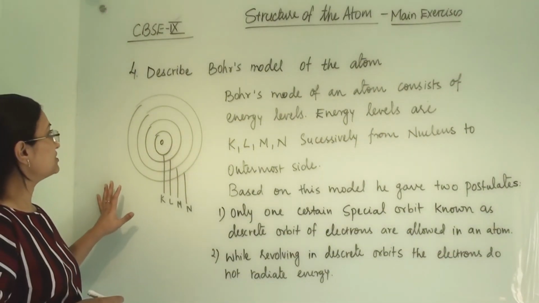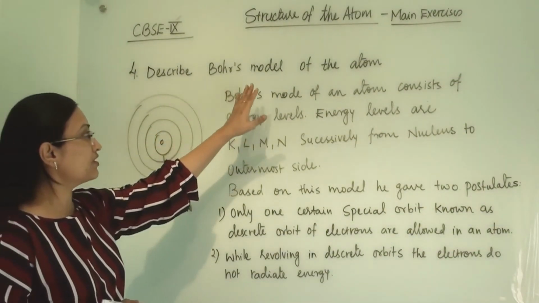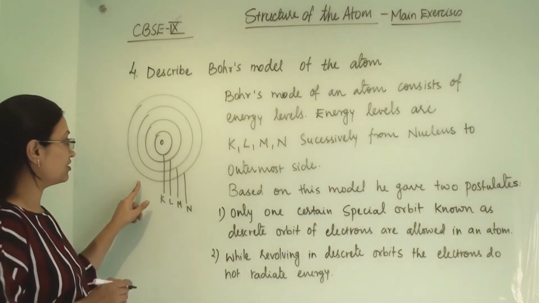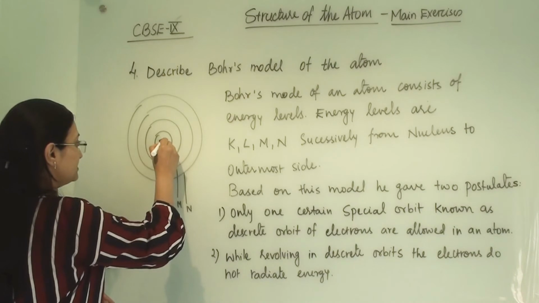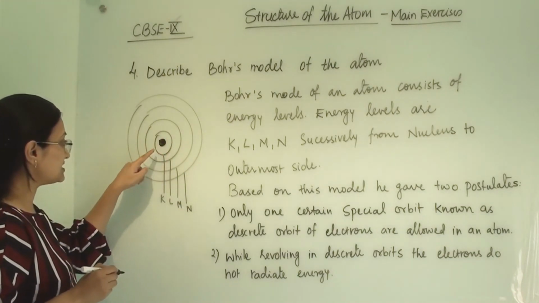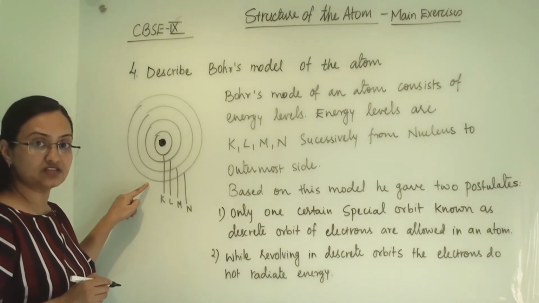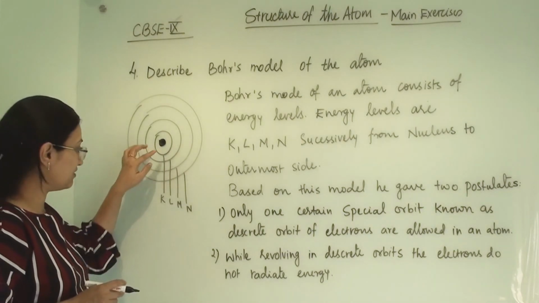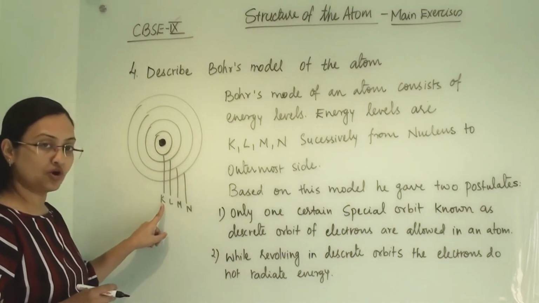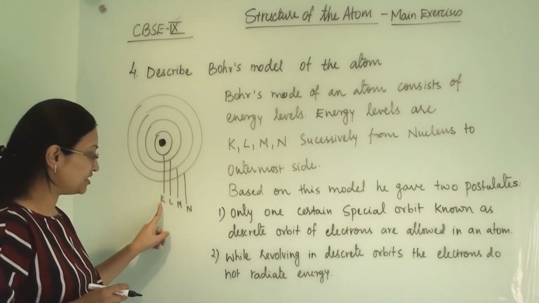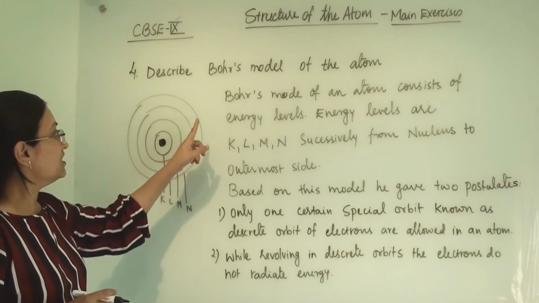Our fourth question is, describe Bohr's model of the atom. We have to draw Bohr's model of an atom, where this is the nucleus and after that four successive energy levels, or orbits, K, L, M and N, from inward to outward.